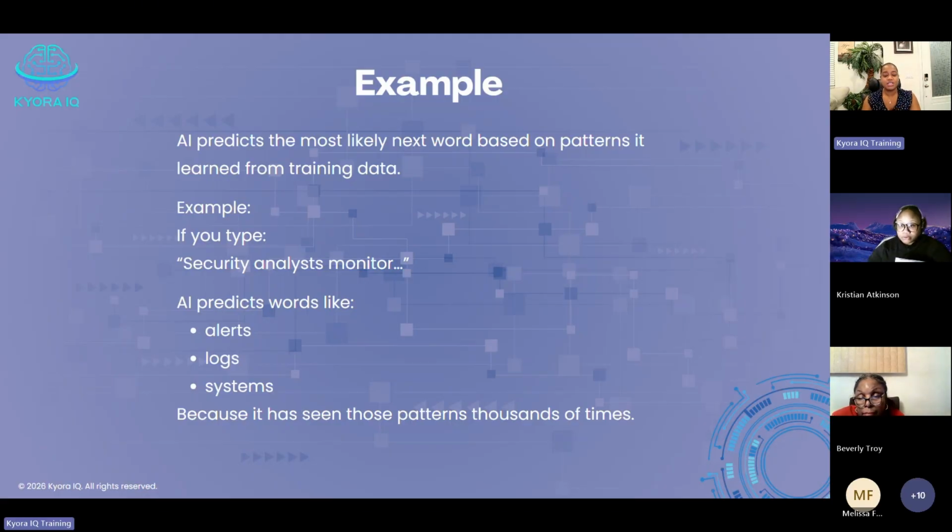However, if you type in something completely off the wall, AI is going to generate a hallucinated response. It doesn't know everything, it's not magic. The AI is only as good as the data that you feed it.